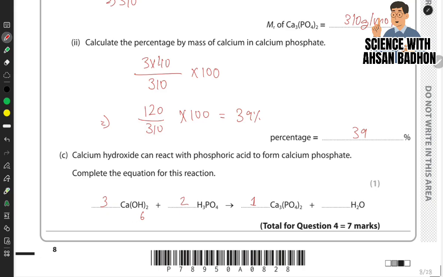Oxygen can be balanced through the phosphate, so hydrogen is the important one here. Here are 6 hydrogen atoms, and here are 6, and here only 2. So 6 plus 6 gives us 12, and here it's 2. What can 12 be divided by to get 2? That is 6. So balancing is done. It is very easy. When you do it, it will be much faster.